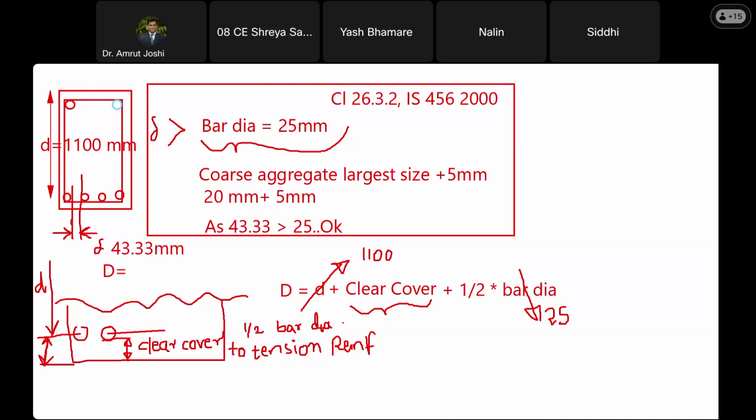Now I will draw the zoomed in view of this bottom portion. I have already drawn the zoomed in view. In that I am going to add now shear reinforcement, that is stirrup. Happy? Yes, sir. So how does it look like?